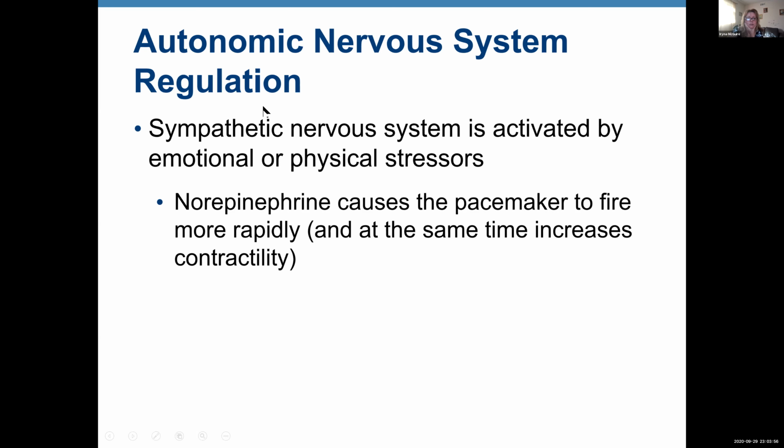You know that the sympathetic nervous system releases norepinephrine. Norepinephrine causes pacemaker cells to fire more rapidly and at the same time increases contractility. So you increase heart rate and you increase contractility, right? You increase cardiac output and of course blood pressure as a result as well.